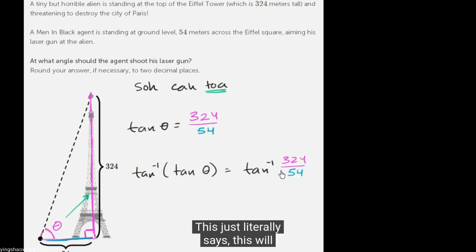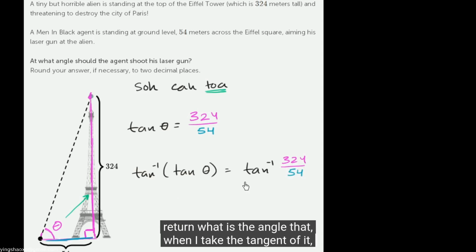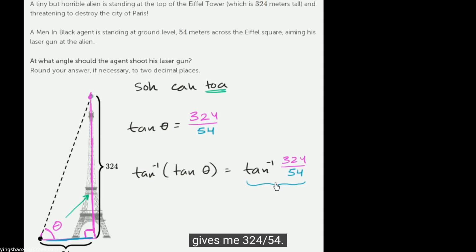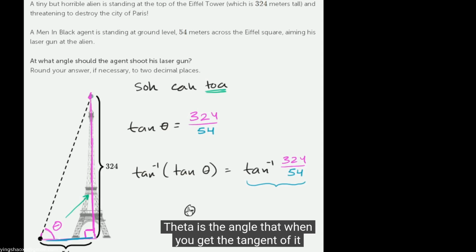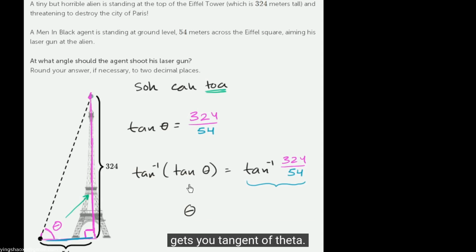This literally says, what is the angle that when I take the tangent of it gives me 324 over 54. This says, what is the angle that when I take the tangent of it gives me tangent of theta. So this just simplifies to theta. Theta is the angle that when you take the tangent of it gets you tangent of theta.